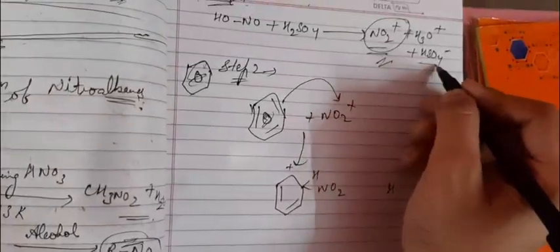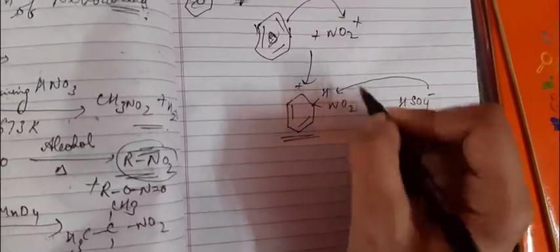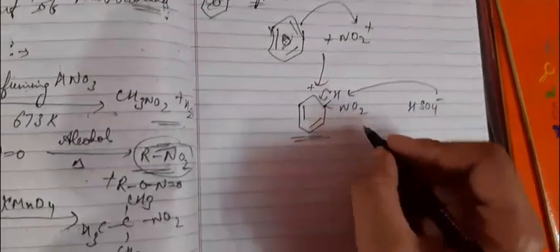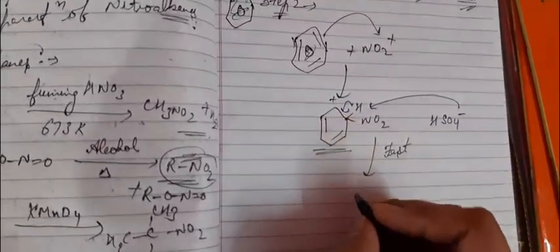Now the HSO4-, which was formed in the earlier step, acts as a nucleophile and attacks the hydrogen atom, and the reaction proceeds in the following way.